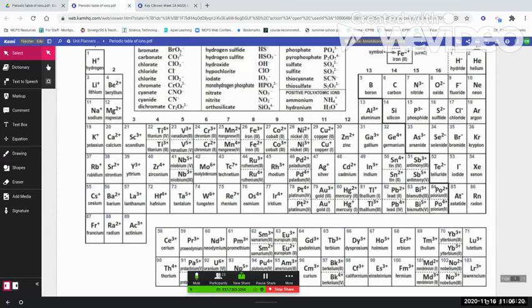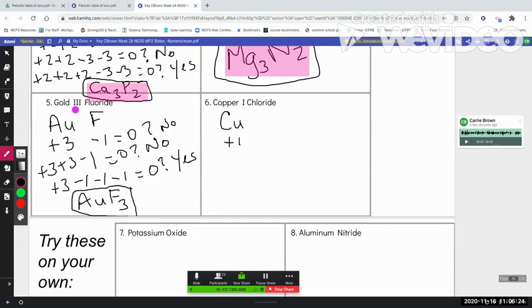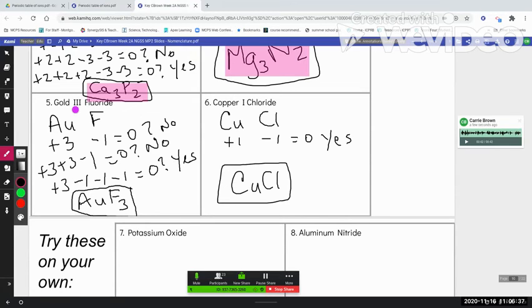So if I look for chloride, it's atomic number 17. It's a -1. And when I see if they sum to 0, it's yes. So I just rewrite them next to each other. And I'm done. Okay.